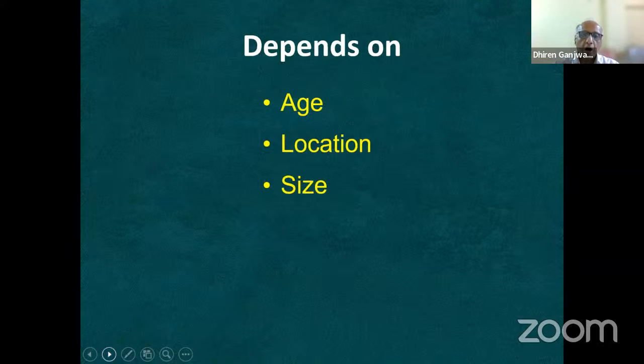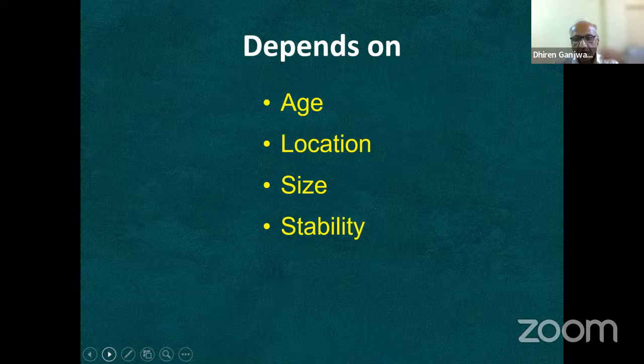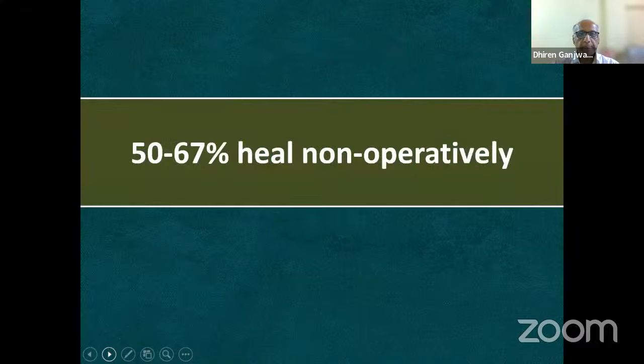The third is how big the lesion is, and at what stage of the pathophysiology the lesion is. That means, what is the stability of that piece? Is it still in situ, is the overlying cartilage intact, is there a crevice in the cartilage, or is it separated? All this decides what should be done.